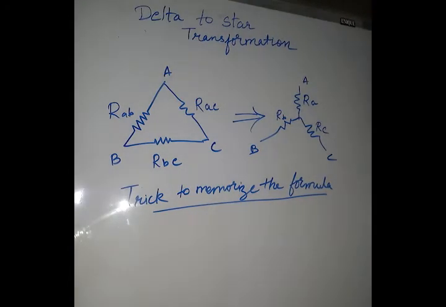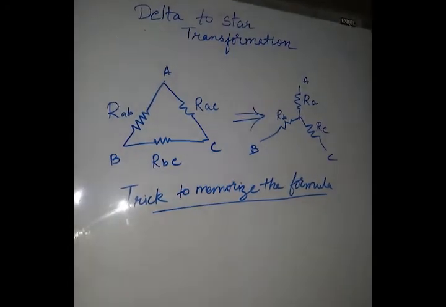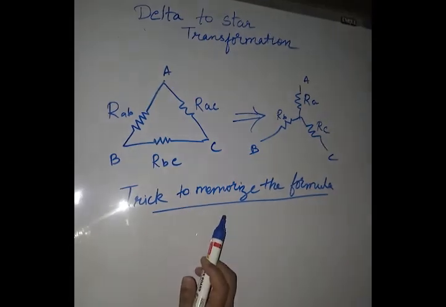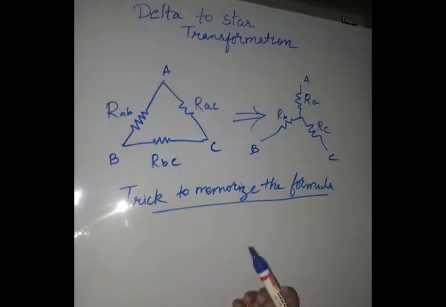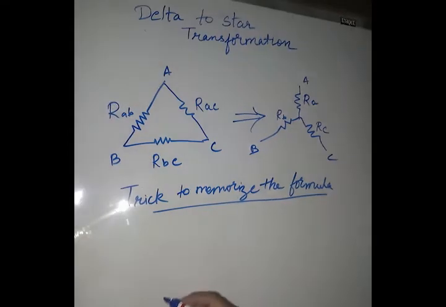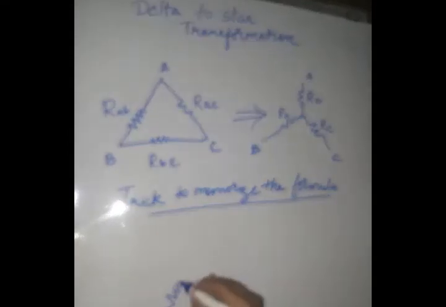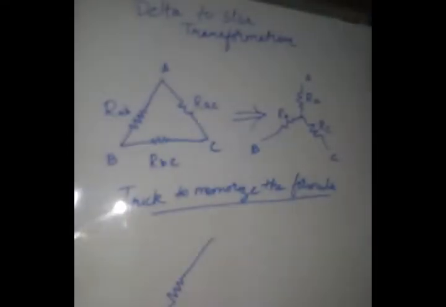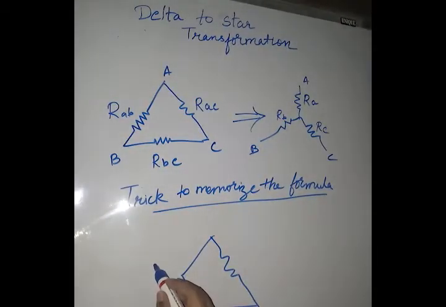So there should be some trick to memorize the formula. So our main task is to find the star connection. So what we will do first, let's say this is a delta connection given as RAB.